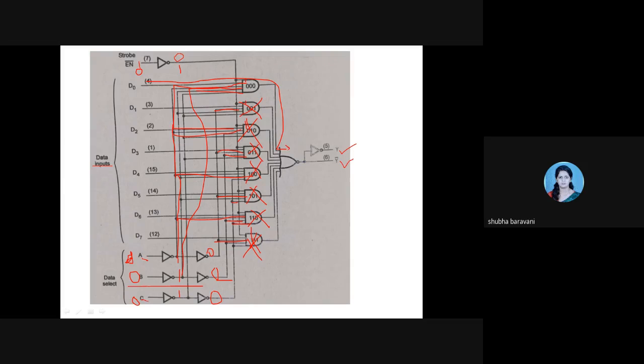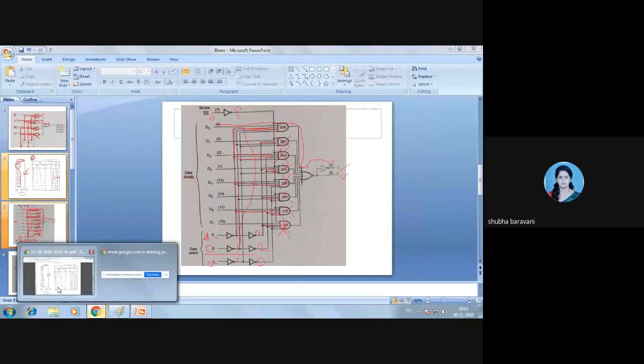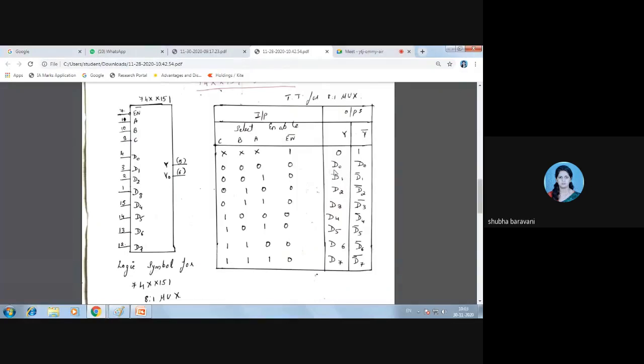So your output, pin number 5 will give you D0 and pin number 6 will give you D0 bar. Now are you understanding this? So your outputs will be D0 and D0 bar. Okay? Understood now?